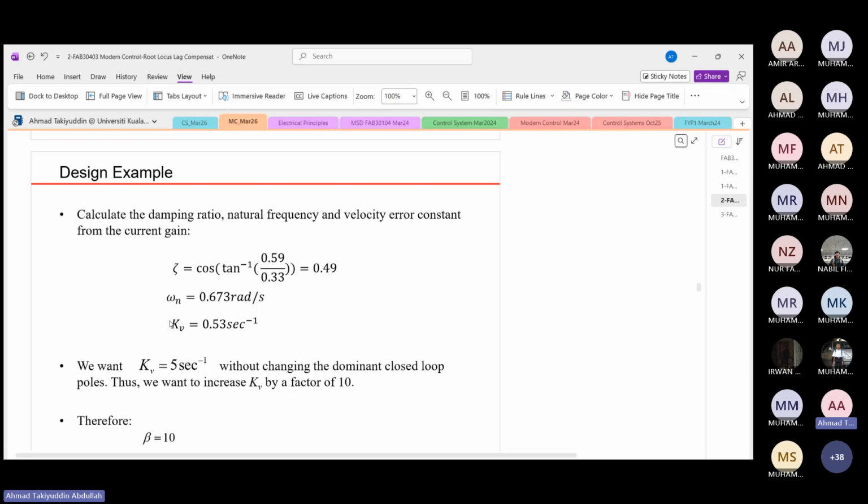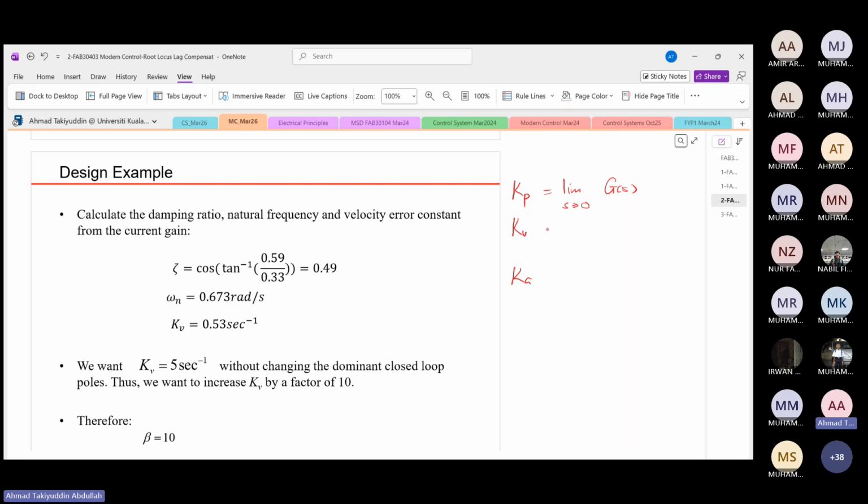Okay, let's get back to the statement that was just made by your friend. The Kp, Kv, and Ka will not be the same. Whenever you want to find them, Kp is equal to the limit as s approaches 0 of G(s). So this is the Kp.